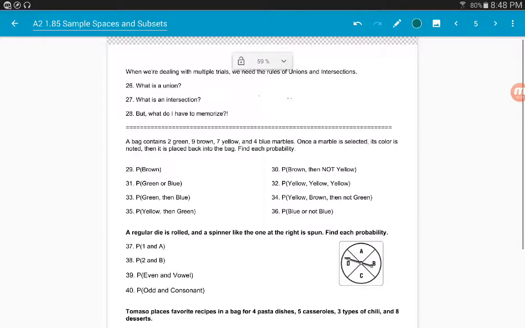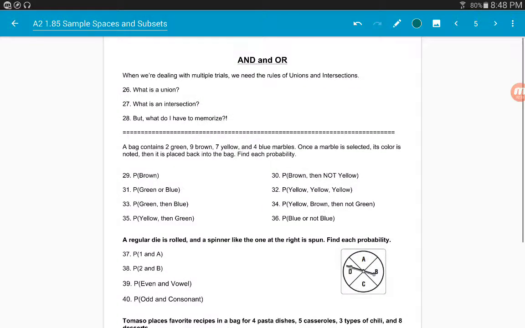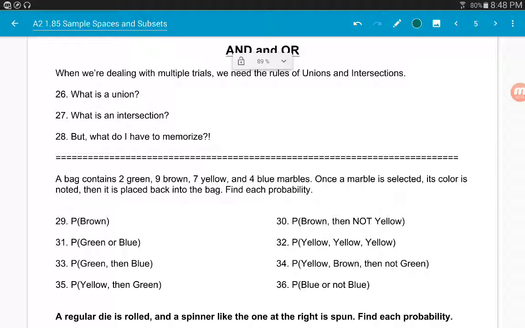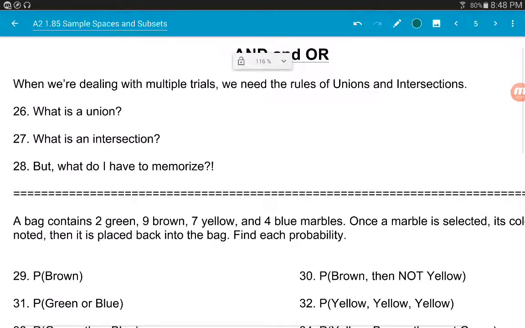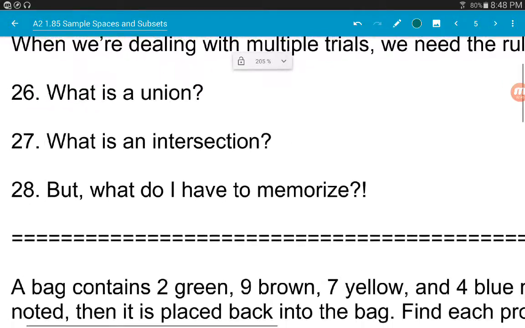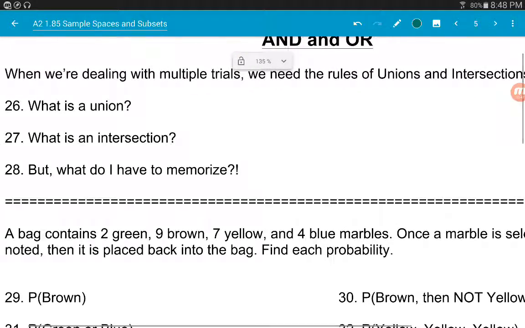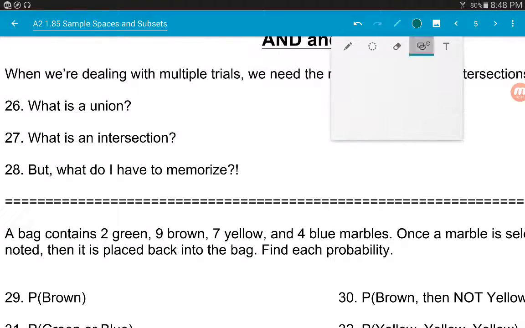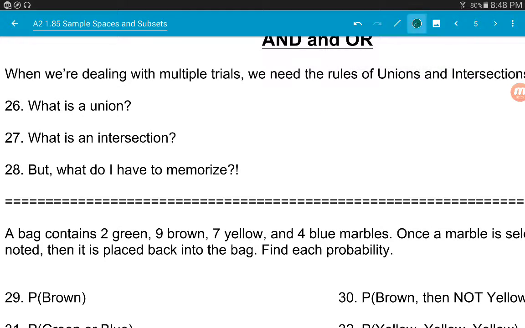Ands and ors is really the goal of this lesson, to teach you compound probabilities. So when we're dealing with multiple trials, we need the rules of unions and intersections. So first things first, what is a union? Just to keep this neat for you, I'm going to make some lines to follow.